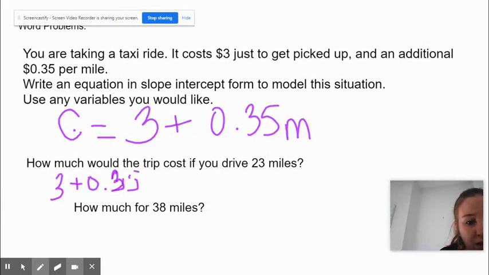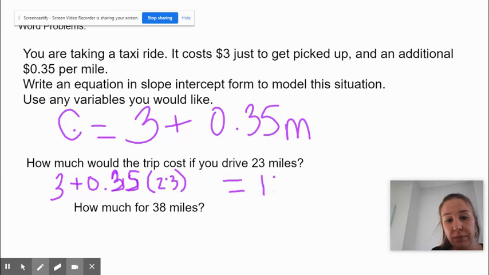So if we're going to go 23 miles, it's going to be 3 plus 0.35 times 23. I'm going to use my calculator, being sure to handle order of operations first. 0.35 times 23 miles is $8.05 just for the mileage, plus the $3 to sit down.